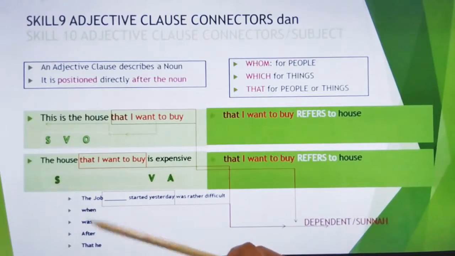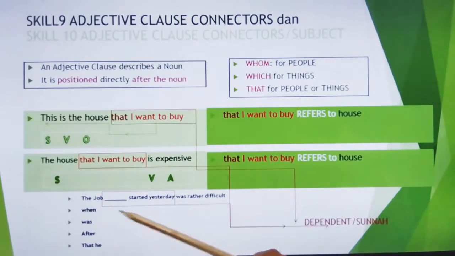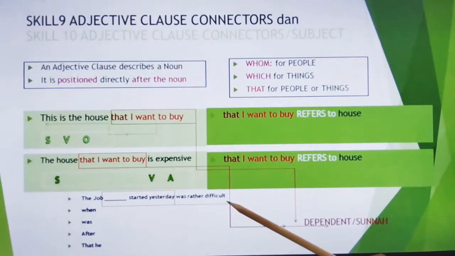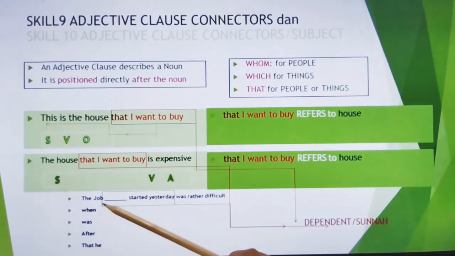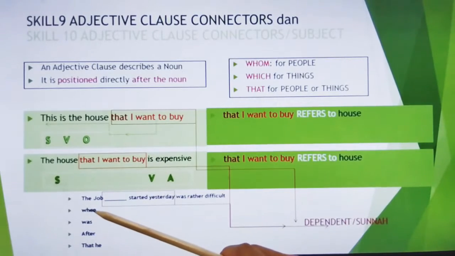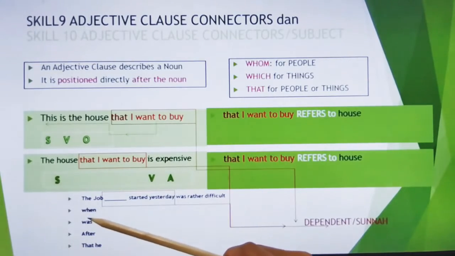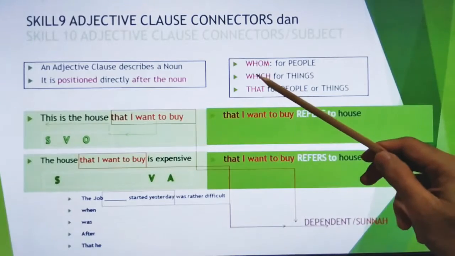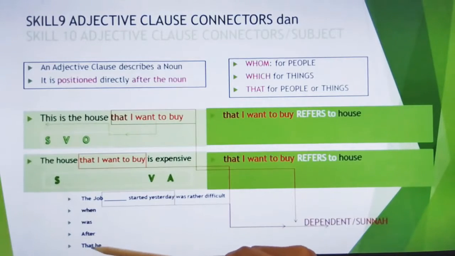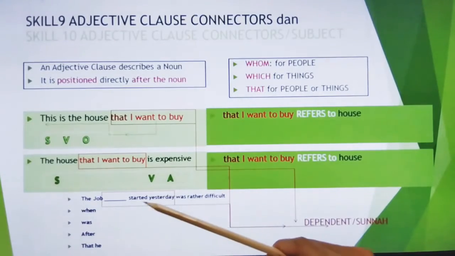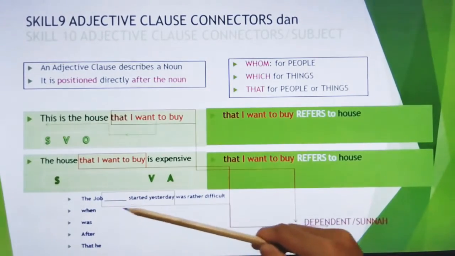So what about this one? The job, blah blah blah, started yesterday was rather difficult. You have to find out which one is the main subject. Of course, this one is the main subject, and it is supposed to be an adjective clause, because we still have a connector. You have to make a circle. Where's the connector? The connector should be this.